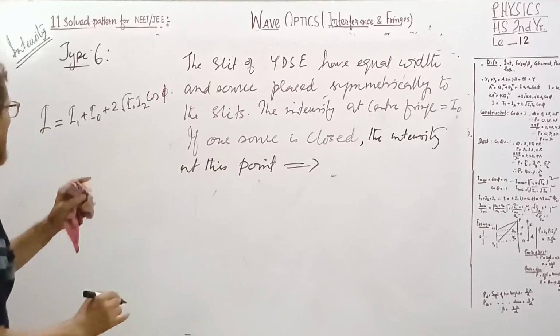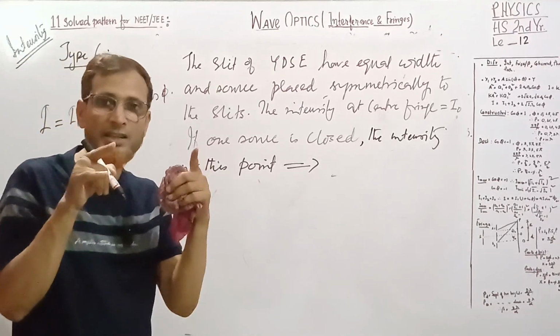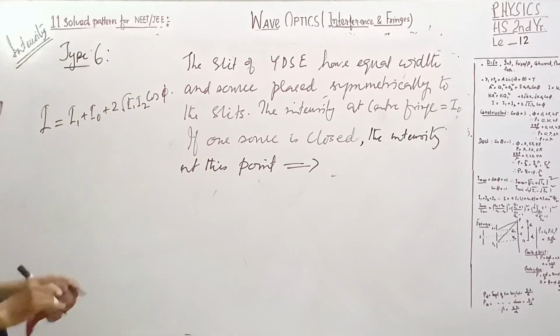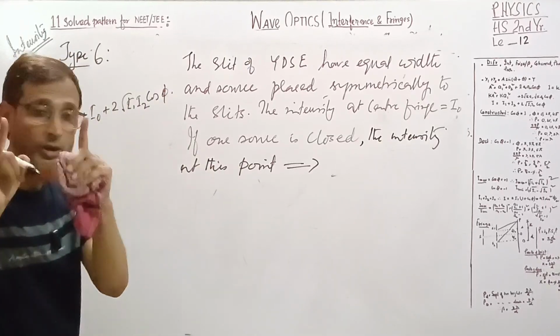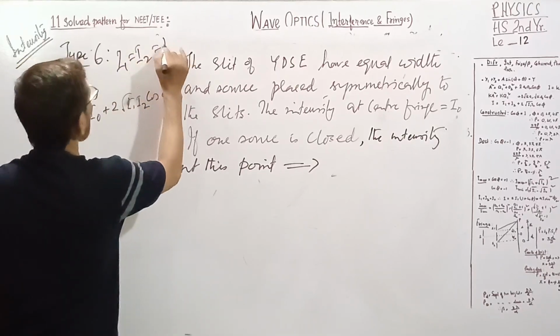I am going to show you some facts. If the two sources are the same or identical, so no phase difference, then I1 is equal to I2 is equal to say I naught.